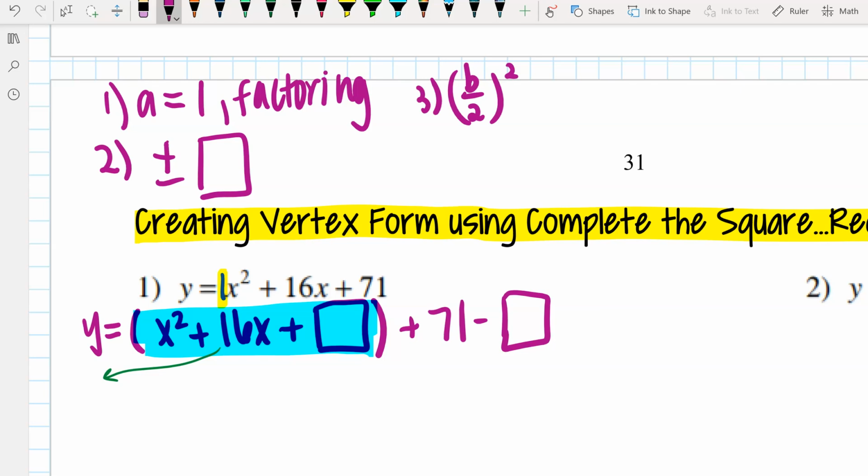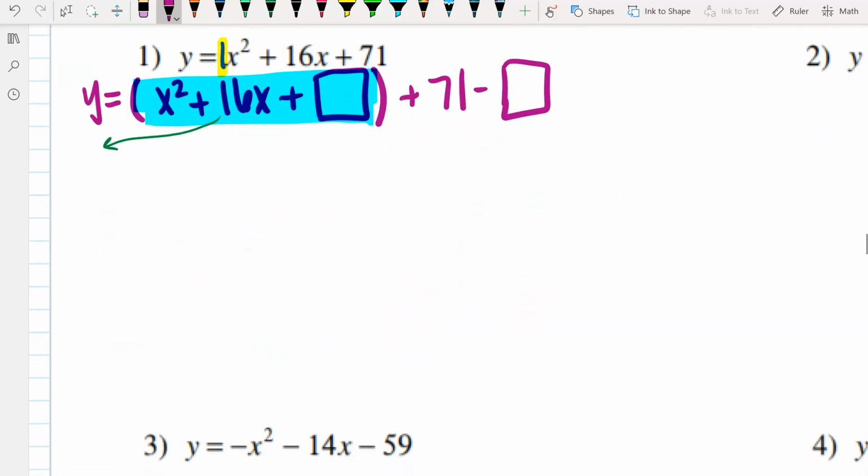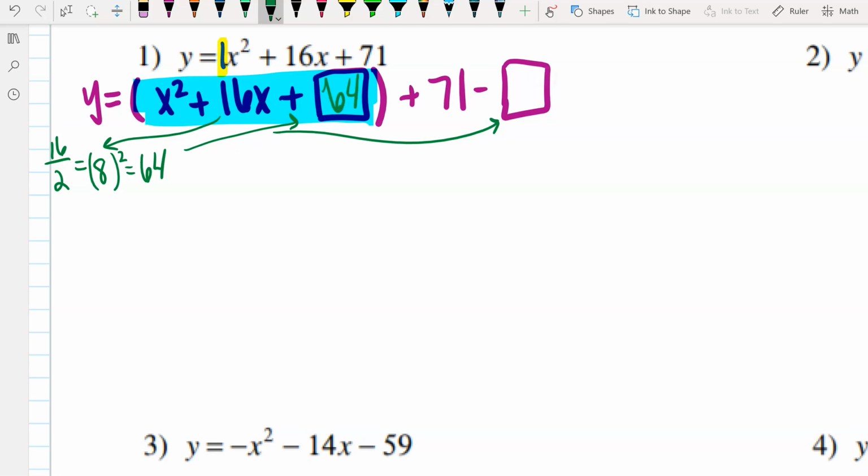So b divided by 2: 16 divided by 2 is 8. We're going to square it, and we get 64. So we're going to plug that into both boxes. So this is 64, and this is 64. Just like completing the square.